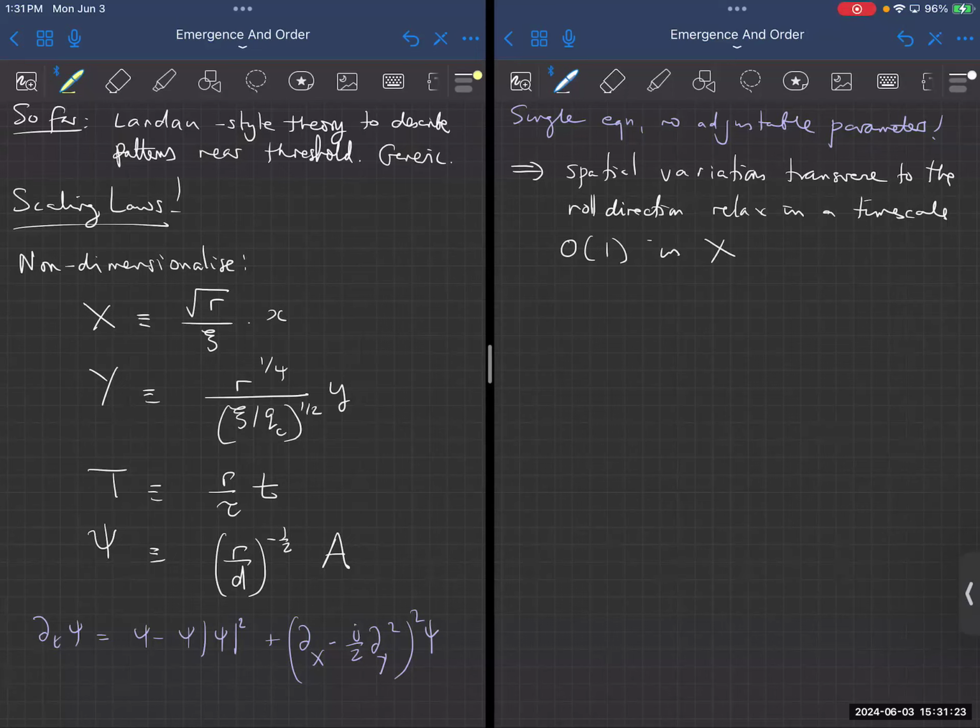Sorry, not time scale. Why did I say time scale? Length scale. Because there's no other length scale in the problem. Everything is now x. So the characteristic length scale is order 1 in terms of x. And so this length scale will go as order psi over r to the 1/2 in physical units.